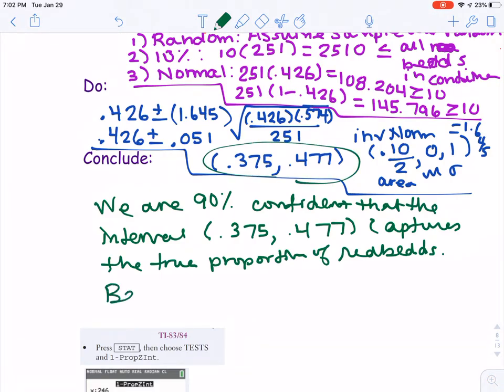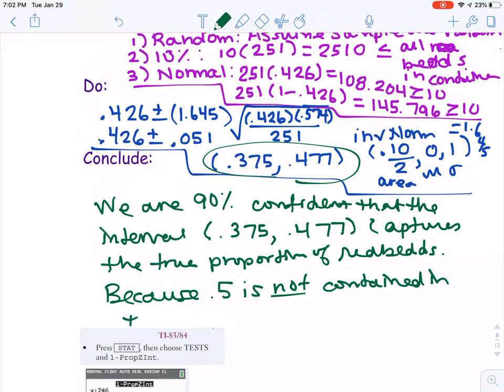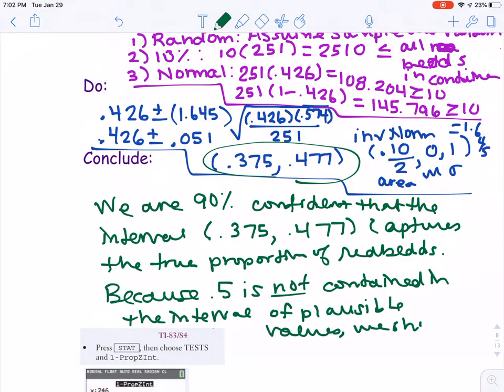So we're going to say, because 0.5 is not contained in the interval of plausible values, we should doubt Mrs. Daniels' claim.